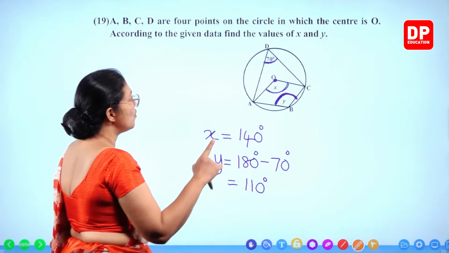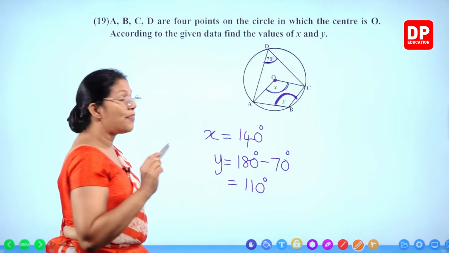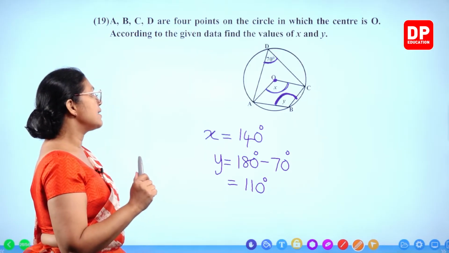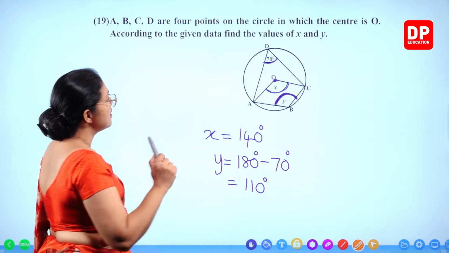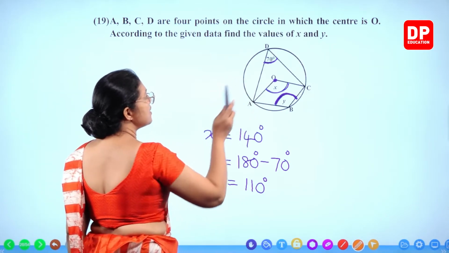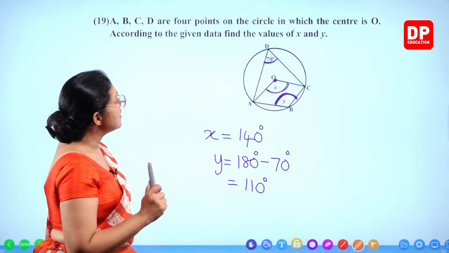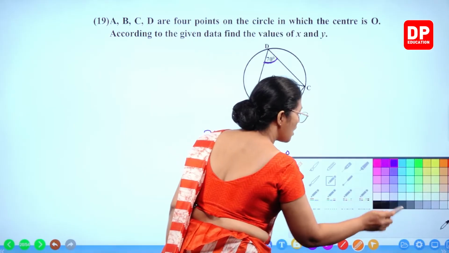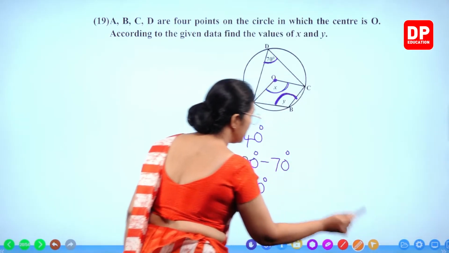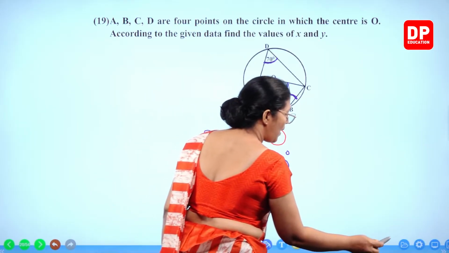So you need to know the circle theorems. Angle subtended at the center is double the angle subtended on the circumference, and the sum of opposite angles of a cyclic quadrilateral is 180. So you get 2 marks, 1 mark for finding x and 1 mark for finding y.